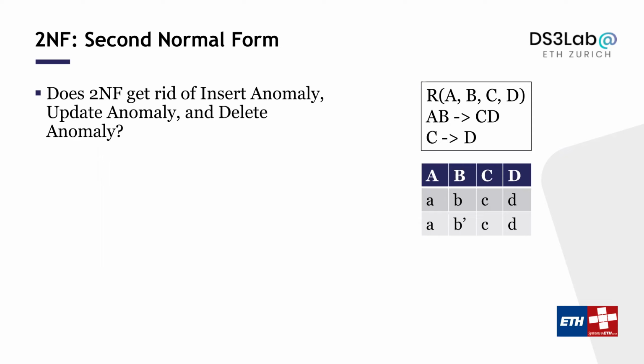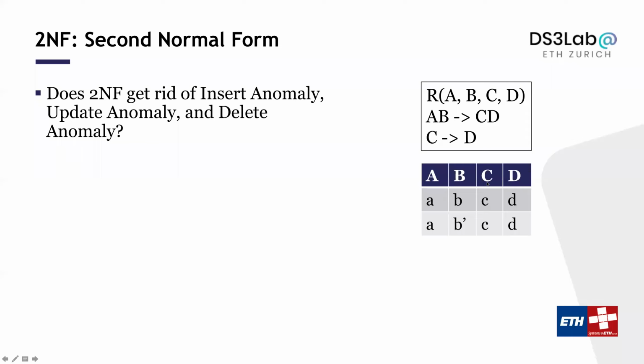To test that, we have a very precise process. You look at every single attribute. You look at A and think, is A part of a key? Yes, because AB is a key. So I'm fine. And B, is B part of a key? Yes.